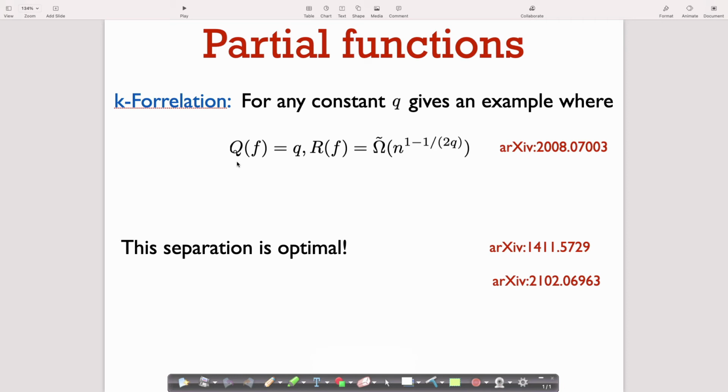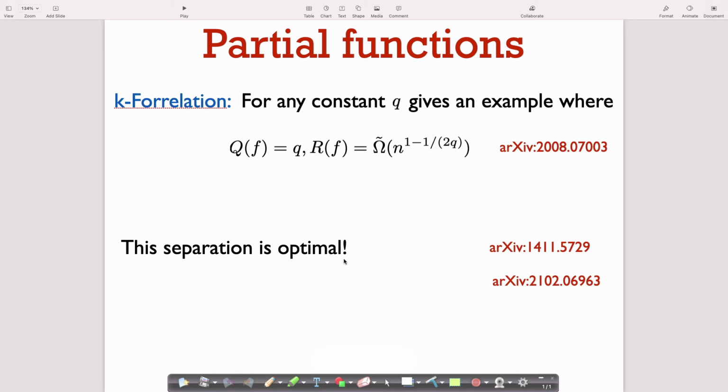So basically, if a function has quantum query complexity q, then you can actually design a randomized algorithm whose complexity is order n to the 1 minus 1 over 2q. Okay, so this separation is essentially optimal, up to certain log factors.